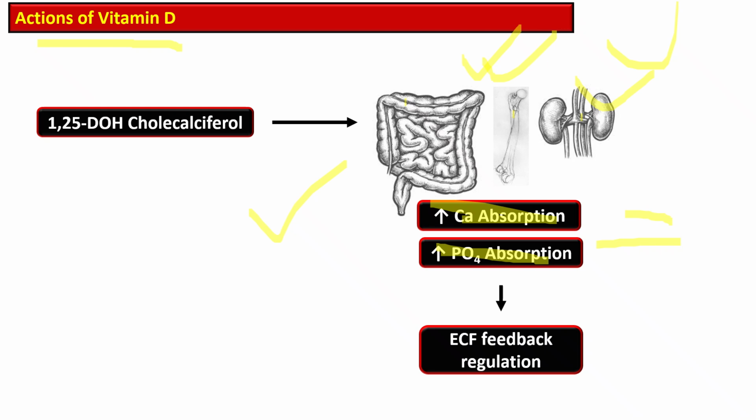Then this also acts as a double-edged sword, help to form bone and also release minerals when needed. When calcium levels are high, formation of 1,25-dihydroxycholecalciferol is suppressed, and when calcium is low, parathyroid hormone stimulates its formation in the kidney.